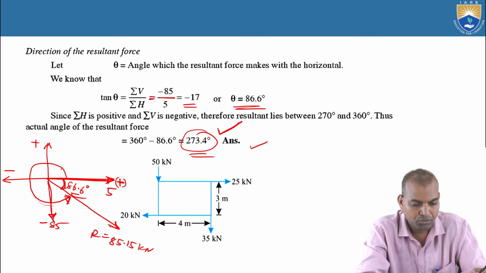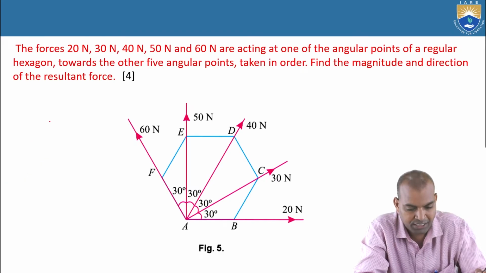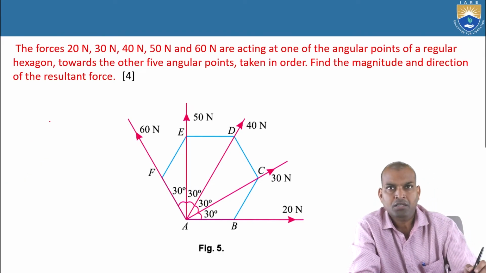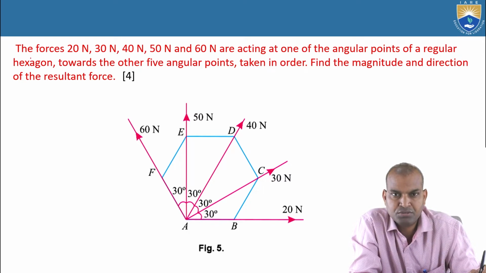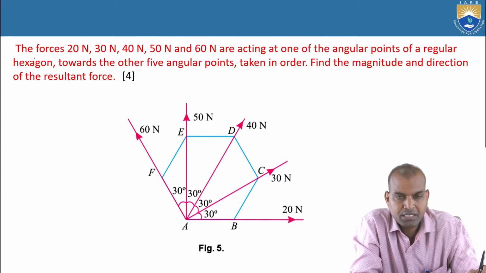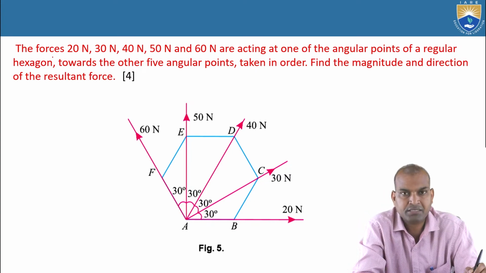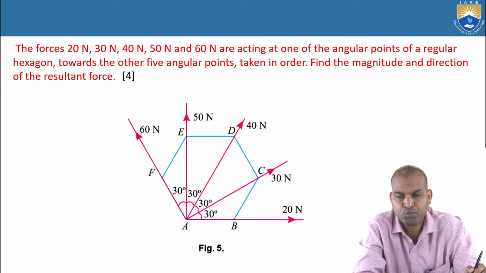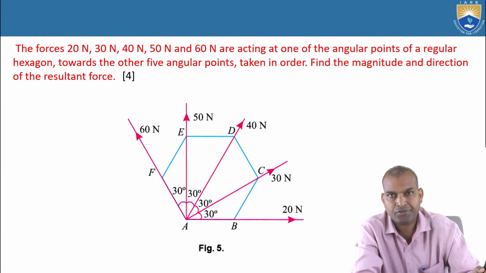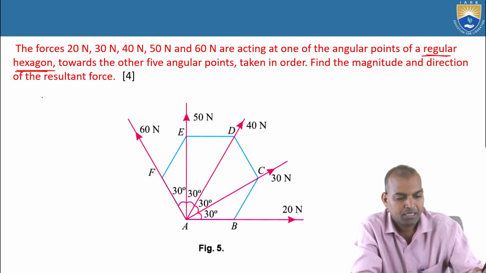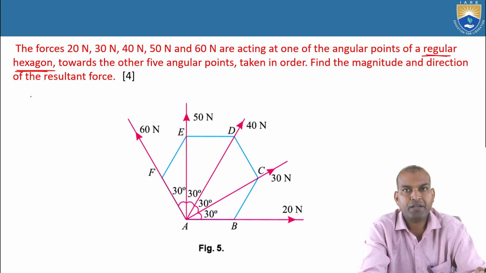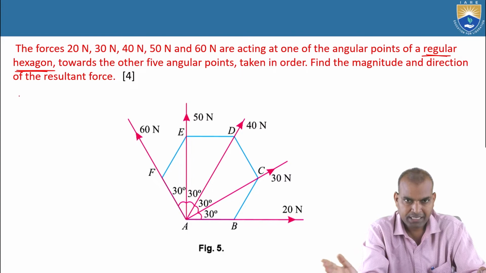Okay, now we are going to solve the next problem. The forces 20 newtons, 30 newtons, 40, 50 and 60 newtons are acting at one of the angular points of a regular hexagon towards the other 5 angular points taken in order.